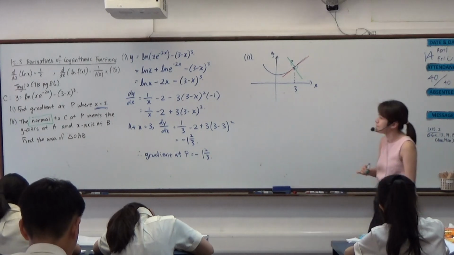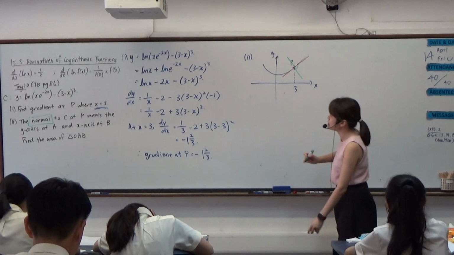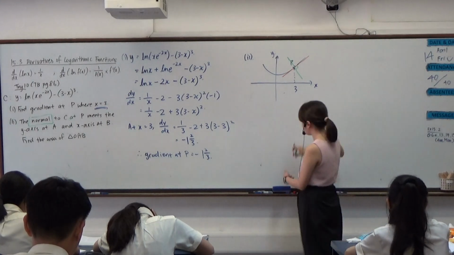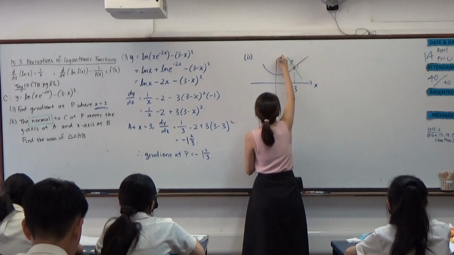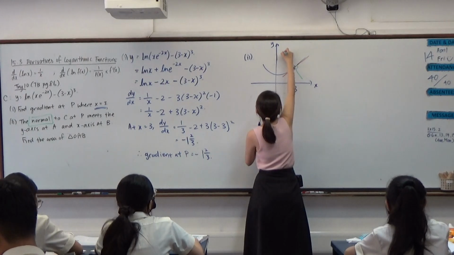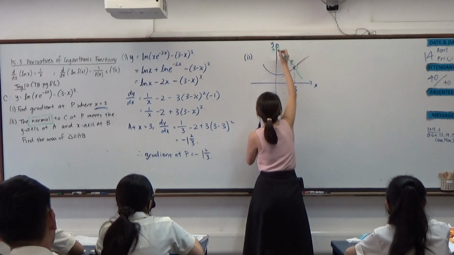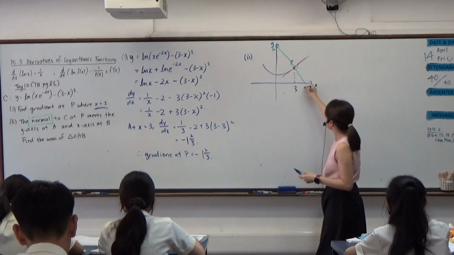It looks like this. The question is saying that this green line, this normal, cuts the y-axis at A. The y-axis is not long enough, let me just extend it. So it cuts the y-axis at a certain point A and cuts the x-axis at a certain point B.